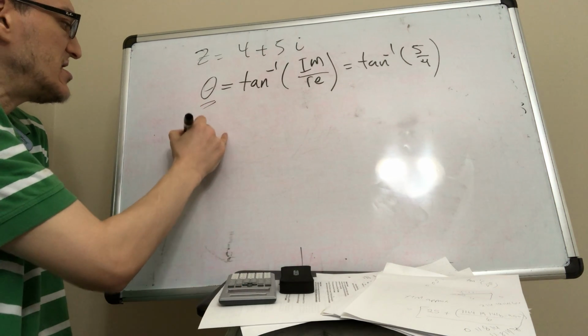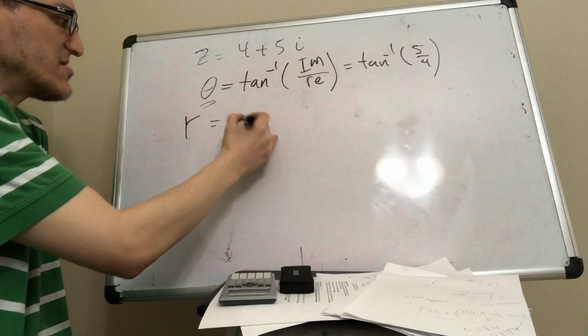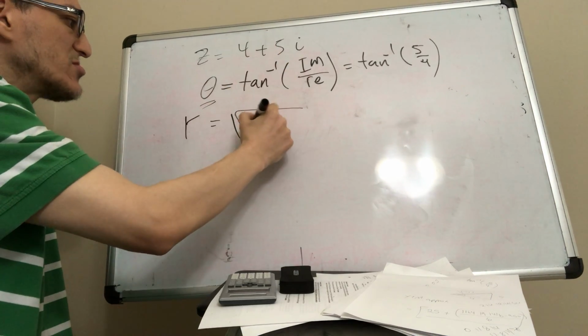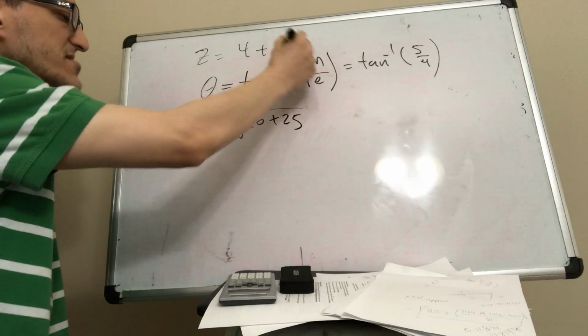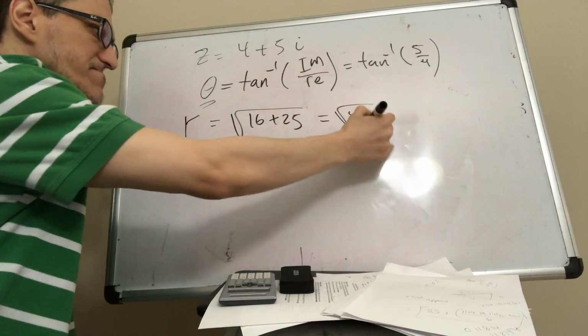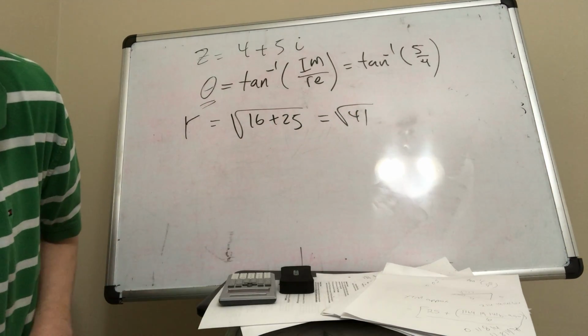But if you want to do R magnitude, real squared plus imaginary squared, square root of 41.